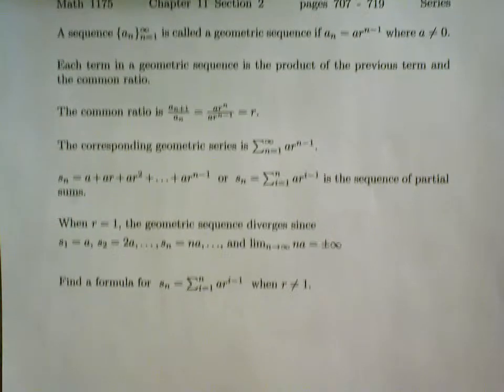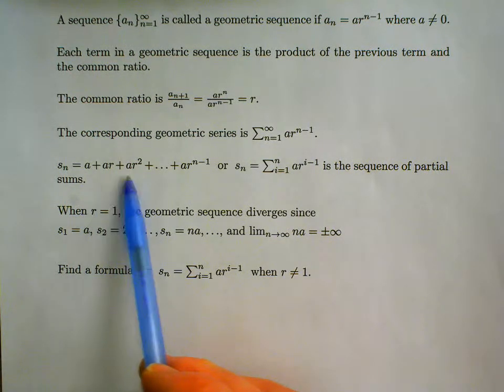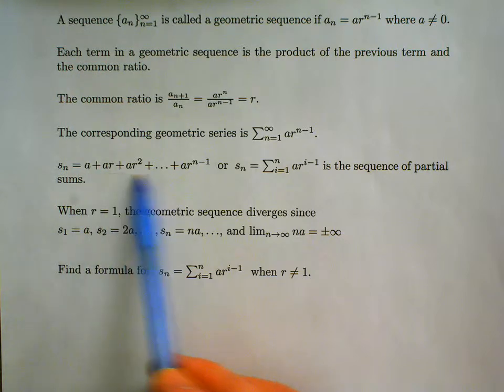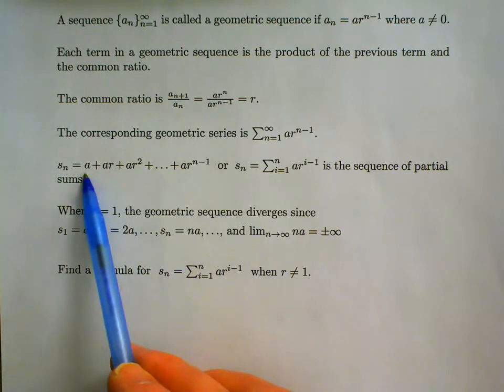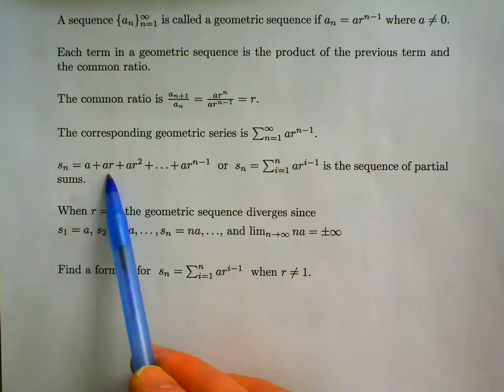Okay, the sequence of partial sums for a geometric series. So S sub n is the sum of the first n terms. So this is like a times r to the 0 plus a times r to the first, and so on.